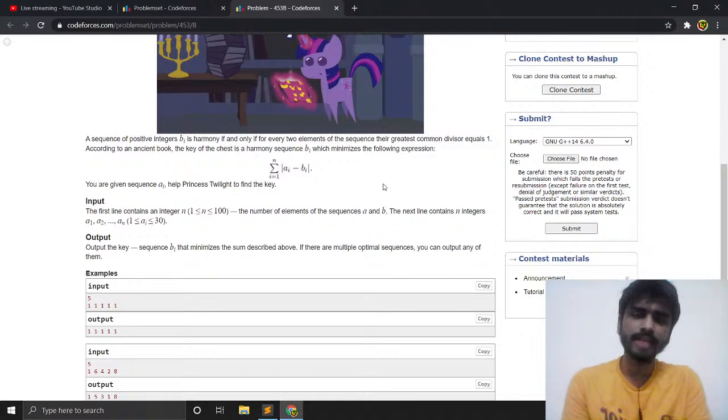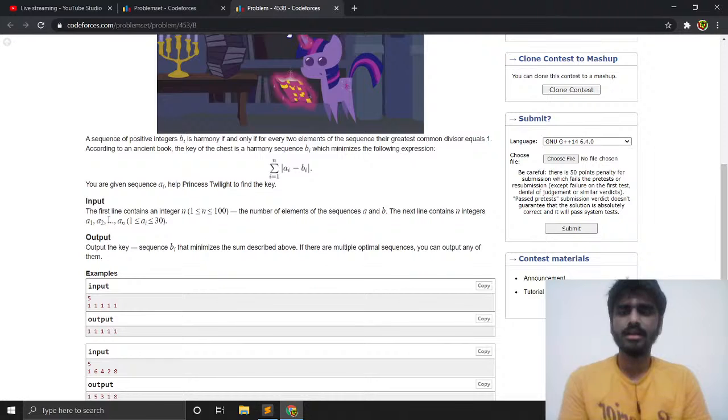One thing that is kind of obvious is that I will never use a number greater than 60, because since a is so small, instead of using a number greater than 60, it's always better to just take 1, and that number minus 1 will be at most 29. So that's better than taking 60 or anything greater.